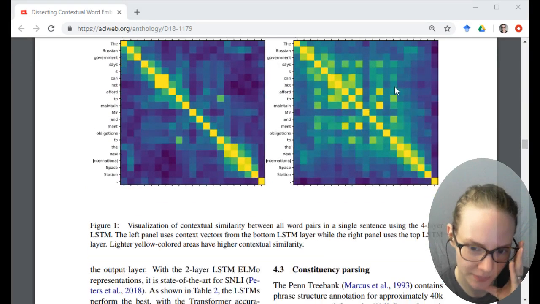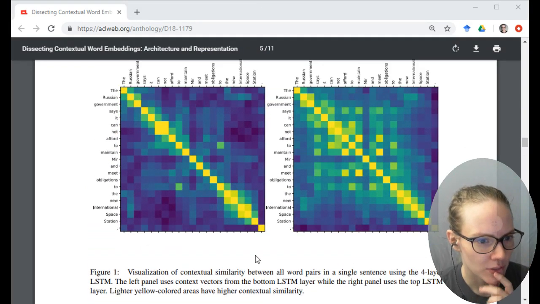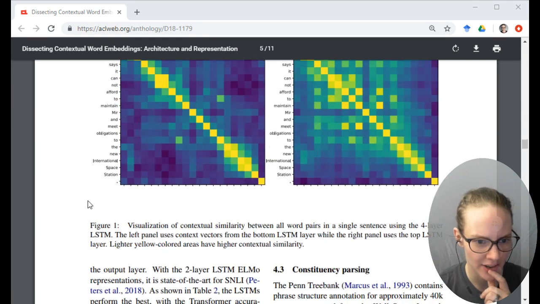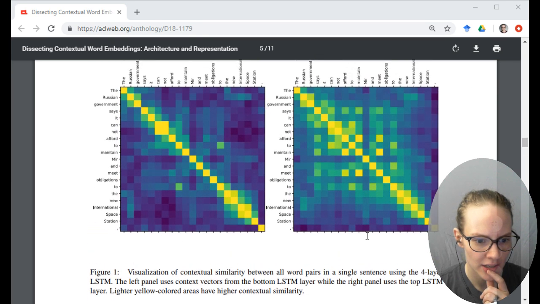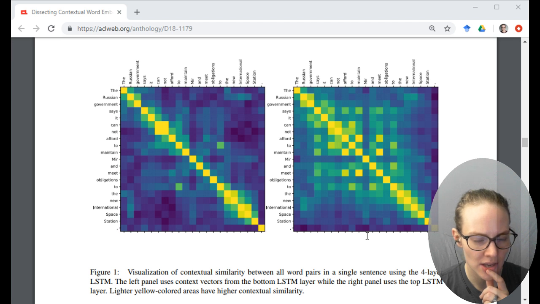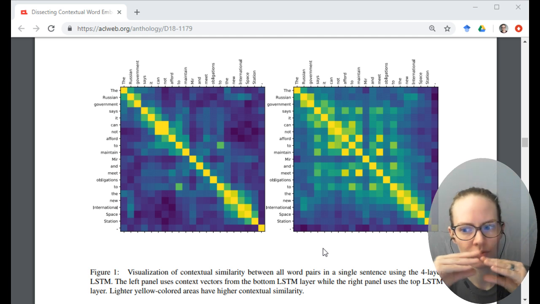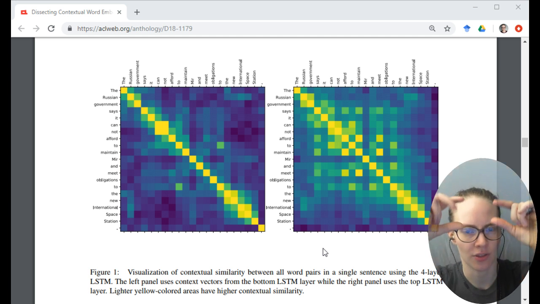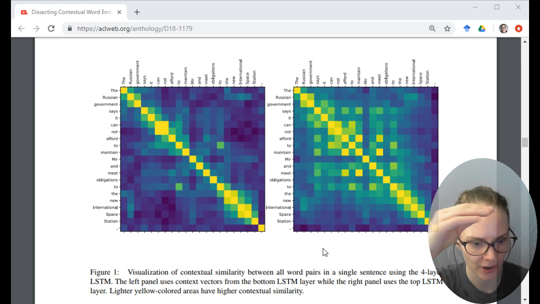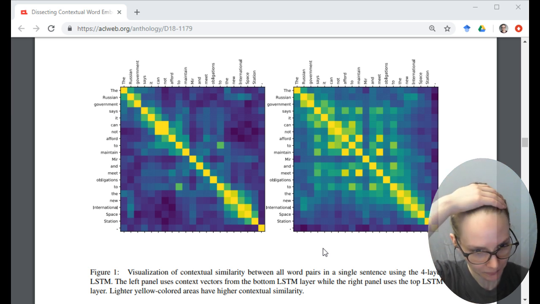All right, let's take a look. So we have a sentence here, and we're using the cosine similarity between words, taking the vectors from the first and then the fourth, so the bottom and then the top layer of this LSTM.